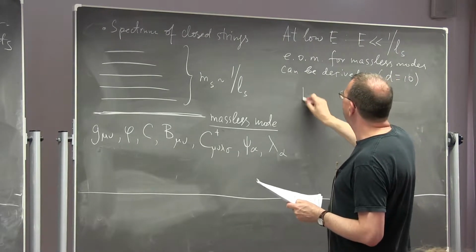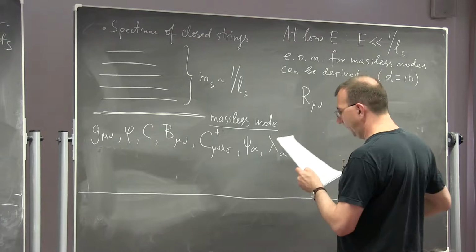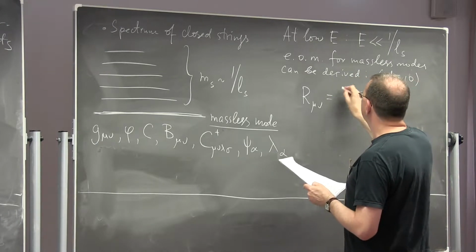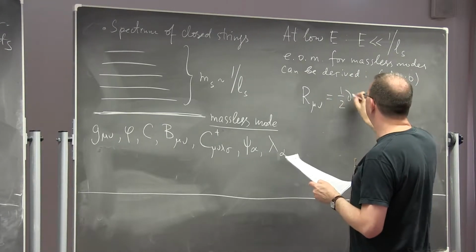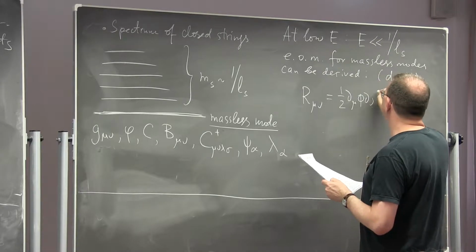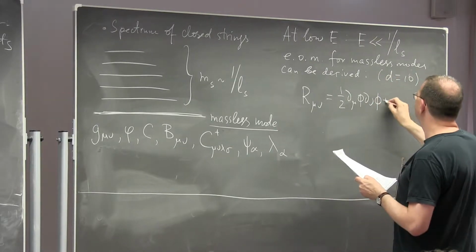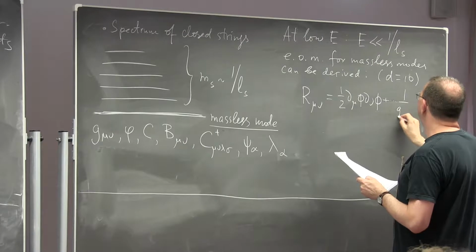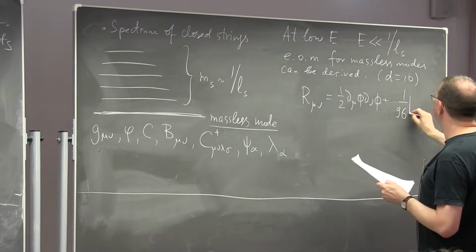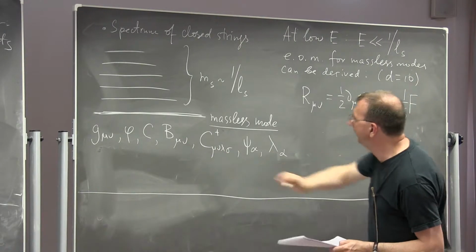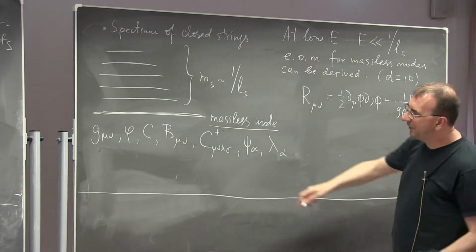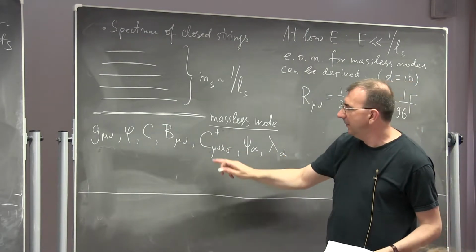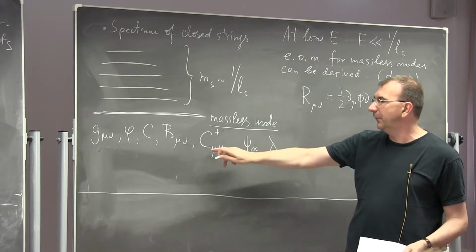I will write just one of them, and only partially. R mu nu is equal to 1/2 d mu phi d nu phi plus some other fields plus a very interesting field which comes from this 4-form. This is like a generalization of the Maxwell field. In the Maxwell case, you would have A mu, but here you have a form with 4 indices.